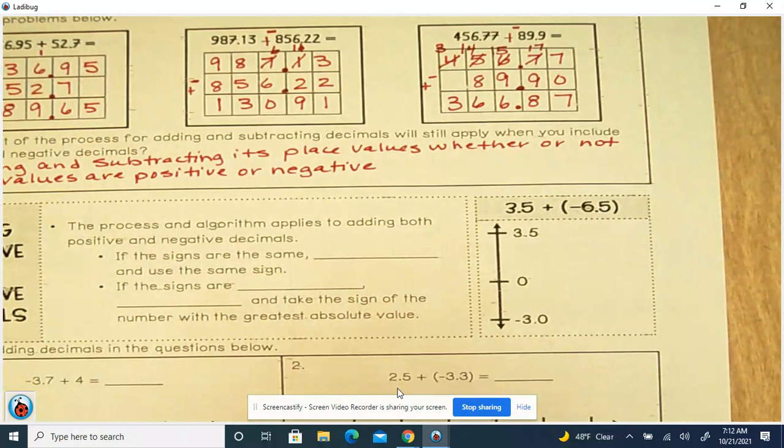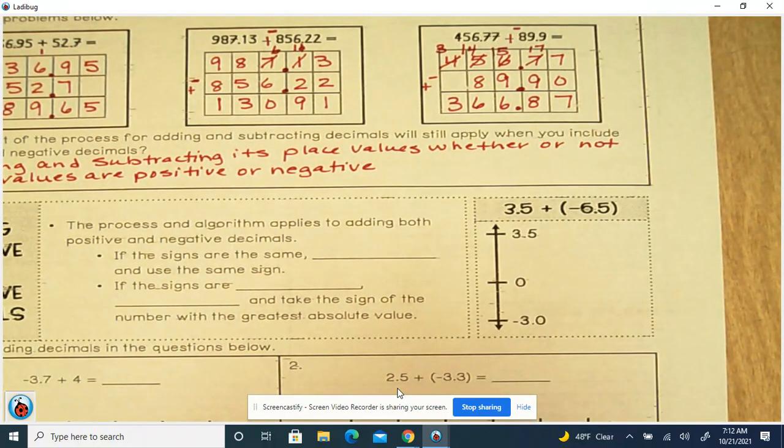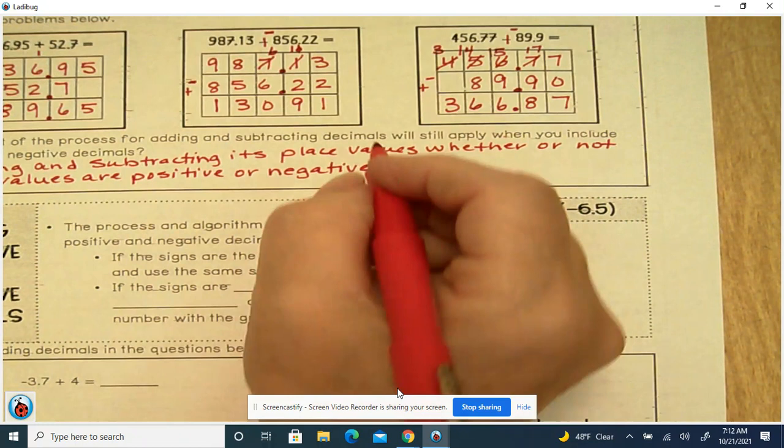So adding and subtracting its place values, whether or not the values are positive or negative. That's going to still apply.